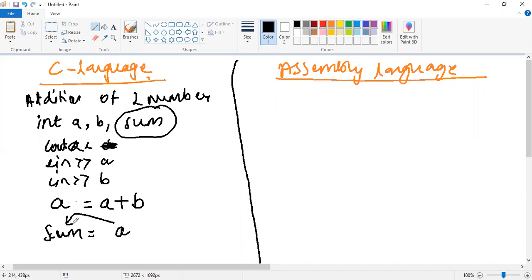Same here. See, here it is a variable. Here it is a memory location.